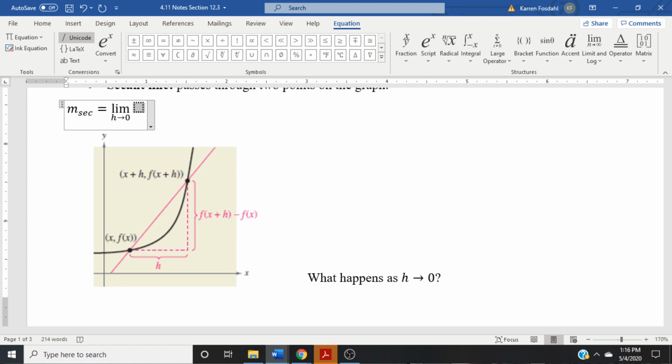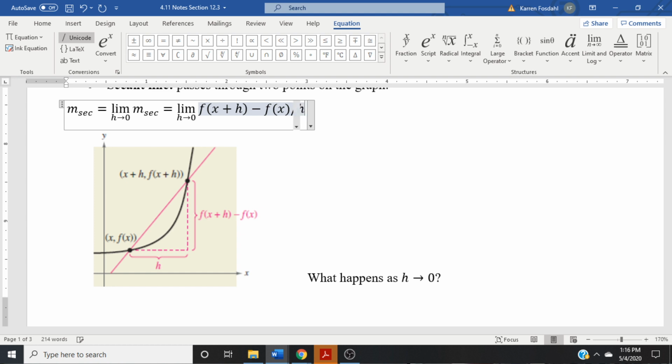As h approaches 0, m secant is going to equal the limit as h approaches 0 of, so nothing really has changed significantly, f of x plus h minus f of x.